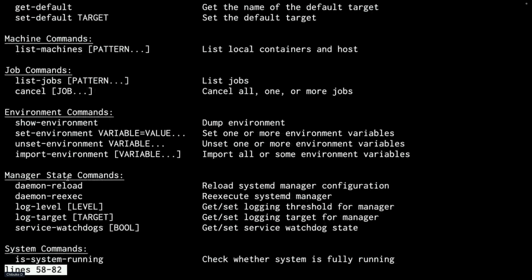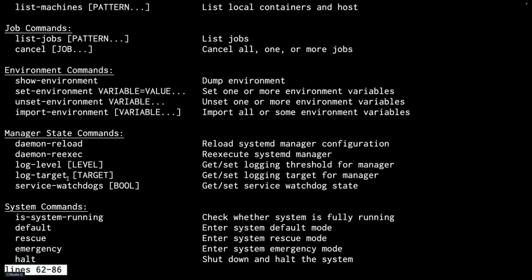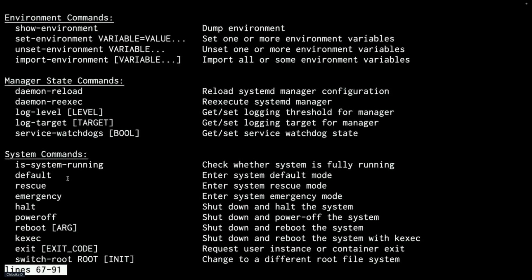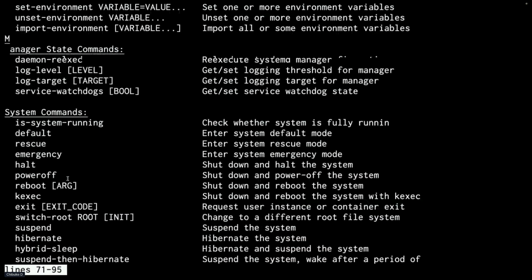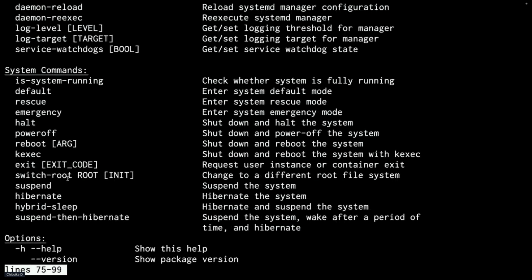But you can see these are the commands for executing them, halting it, rescuing. If there is one that is going bad, you can put it into a rescue mode. You can hibernate and so on and so forth.